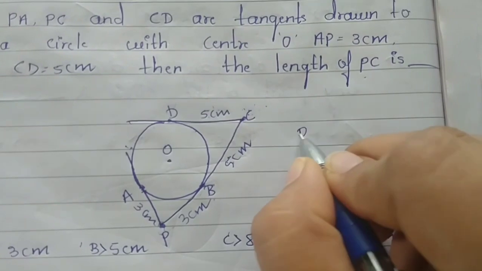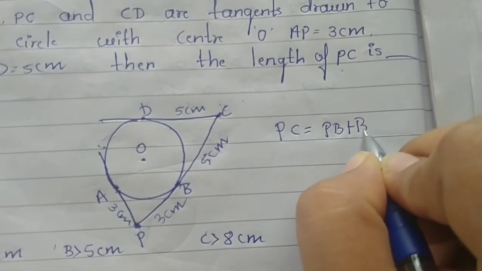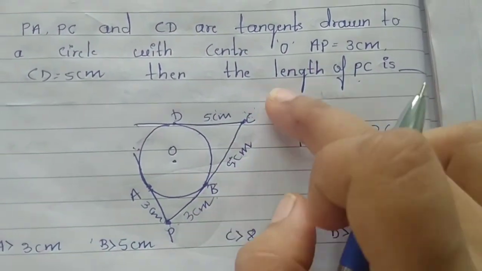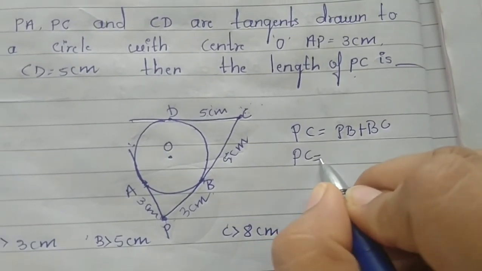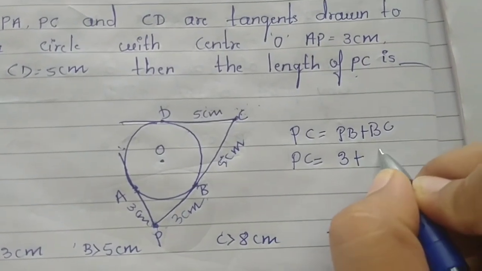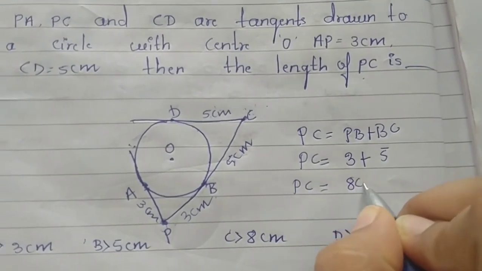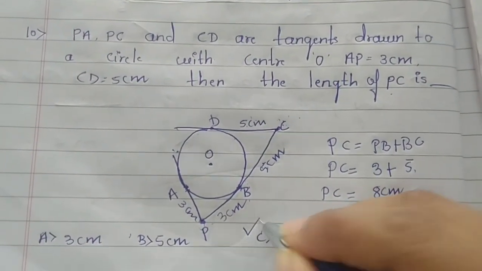So PC can be written as PB plus BC. PB is 3 and BC is 5. So the PC value is nothing but 8 centimeter. So the correct option here is option C.